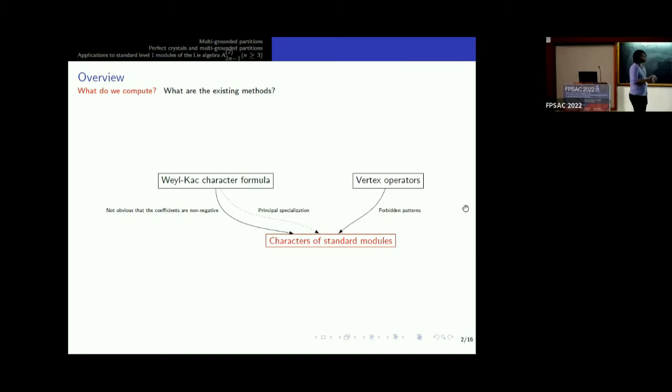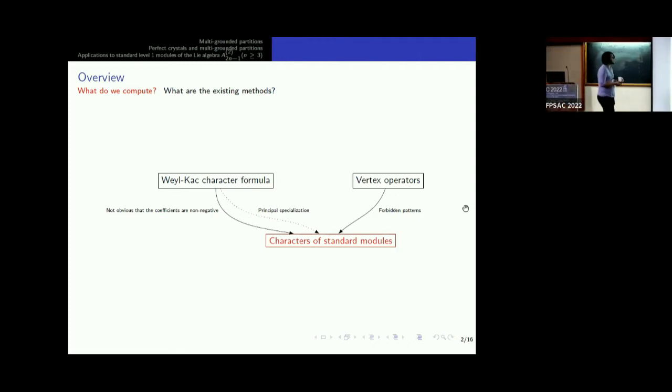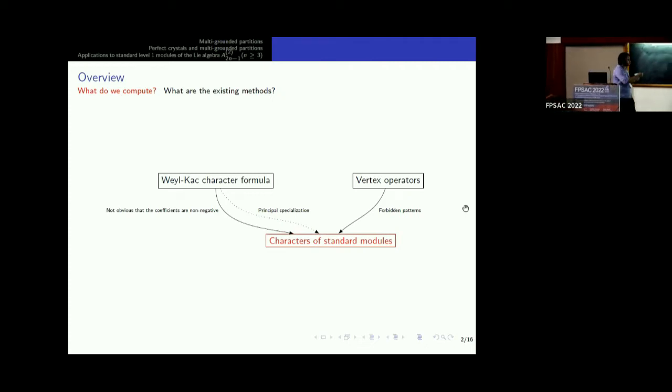And there are also some other methods, like the vertex operator method. It permits to have what we call forbidden patterns. You have a kind of basis for the character that you want to express in different ways, and via the vertex operator you can express it with a basis where we do not have some forbidden patterns.